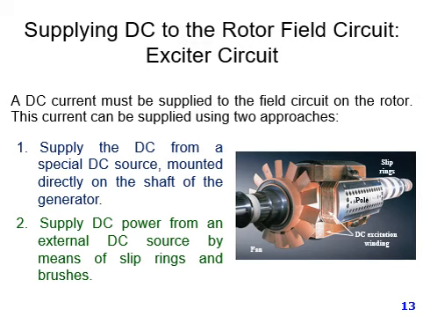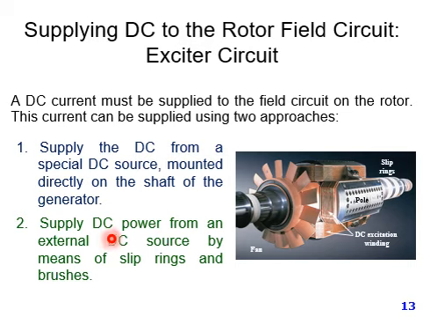A DC current must be supplied to the field circuit on the rotor. There are two approaches to supply this current. One is to supply the DC from a special DC source mounted directly on the shaft of the generator.